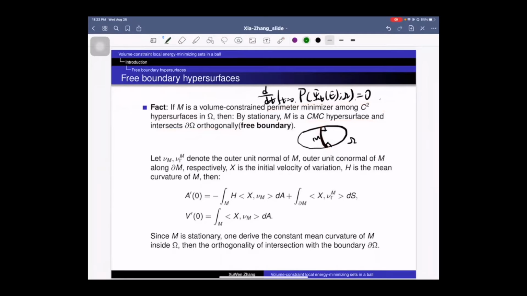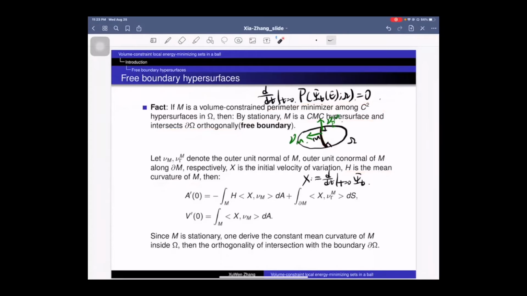Precisely, if we denote nu_M to be the outer unit normal of M, and nu_gamma_M to be the outer unit conormal of M along partial M, and X to be the initial velocity of the variation, and H to be the mean curvature of M here.